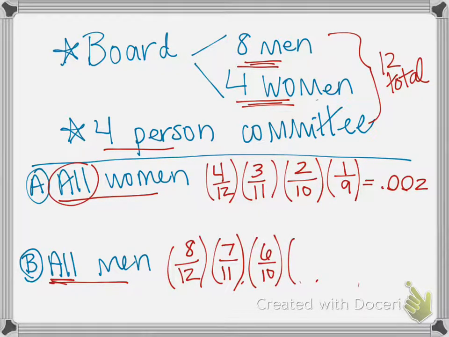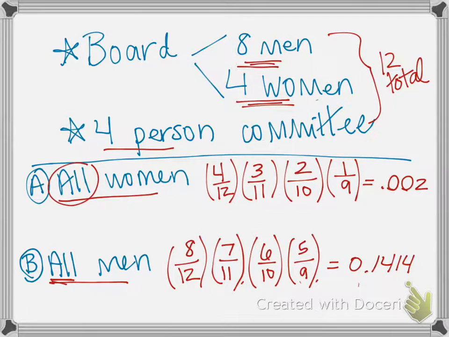And then lastly here, 5 of 9. When I multiply this out, I get a probability that my committee would be all men to be 0.1414.